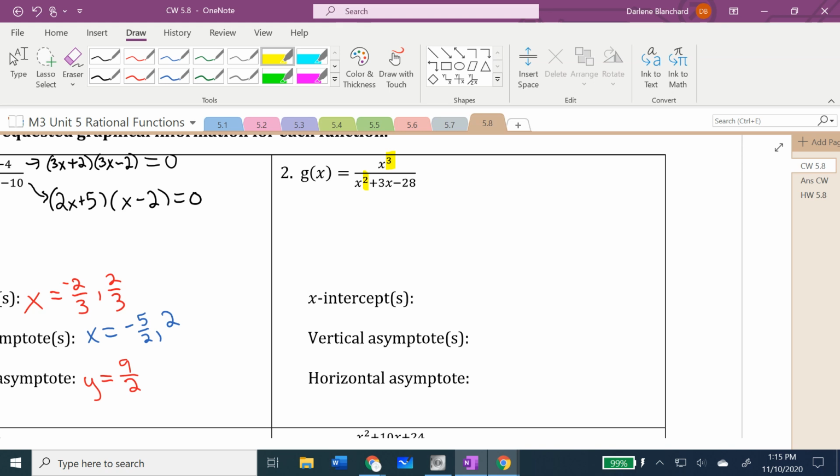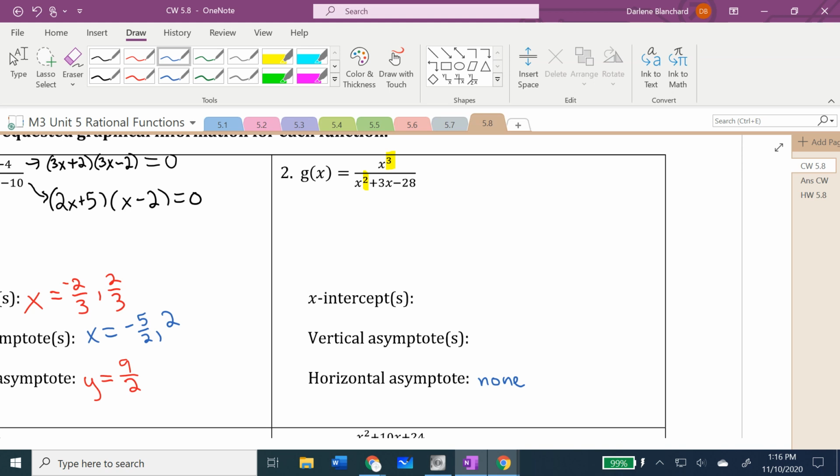And if you did division on those 2 polynomials, the quotient that you get out of it would actually be a line, and it would create a slant asymptote. At least that's what they call it. So there is no horizontal asymptote. All you need to say is none or something that means that. Then x-intercepts. What makes the numerator 0?